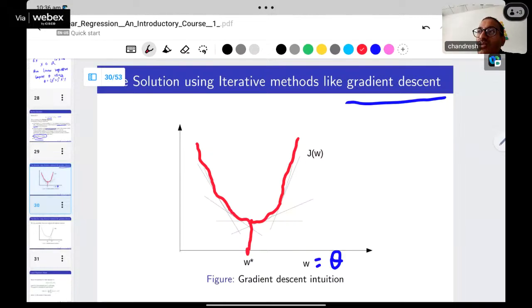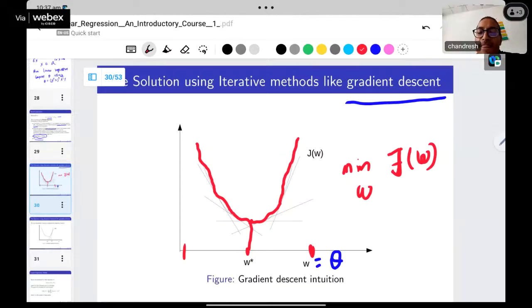If this is the domain of the function, we are looking for a point in this domain at which the function achieves its minimum. That's called optimization, or a minimization problem: minimize the function g of w with respect to w.